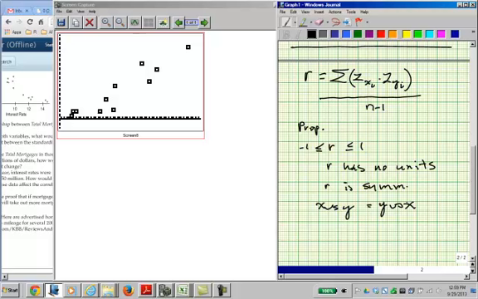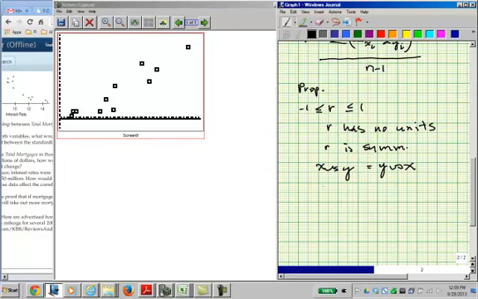You can reverse the variables and the correlation is the same. That's because the correlation is made up of the sum of products, and a times b equals b times a. R is not affected by sliding or scaling. Why? Because it's made out of z-scores, and z-scores are unaffected by sliding or scaling.